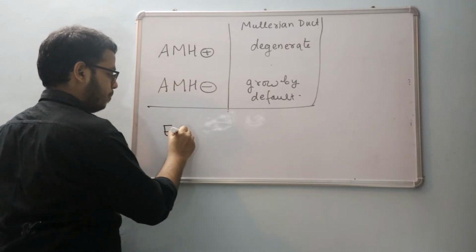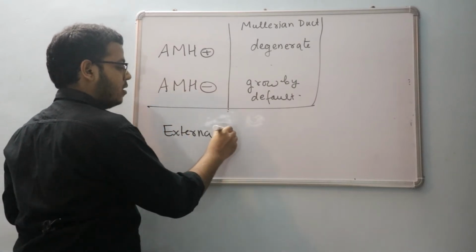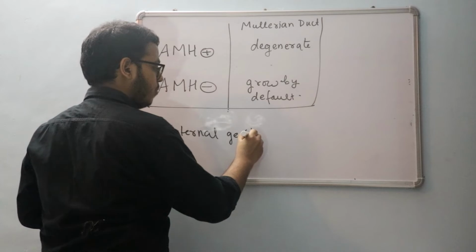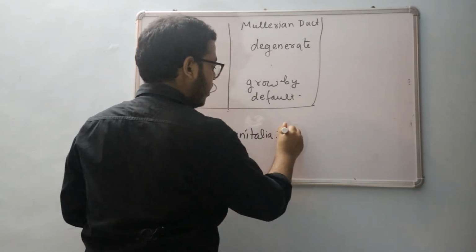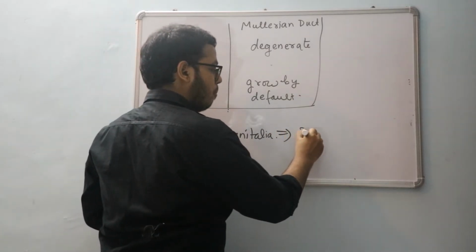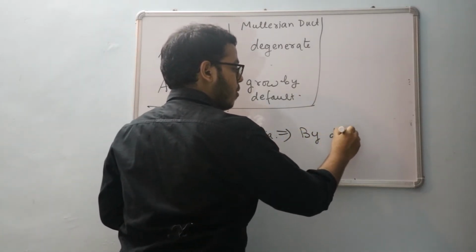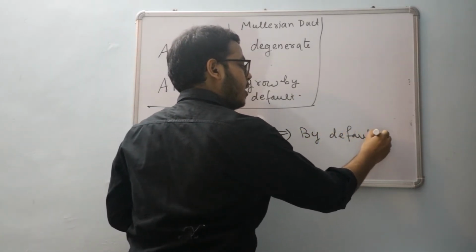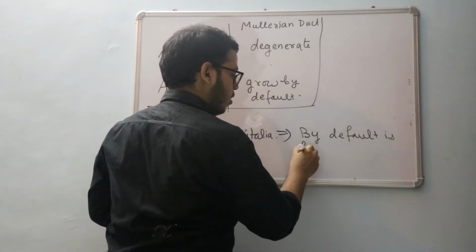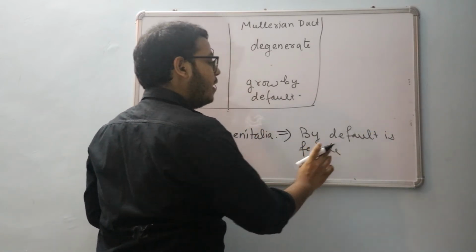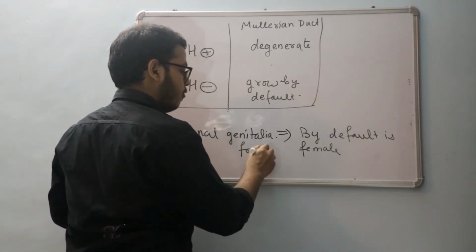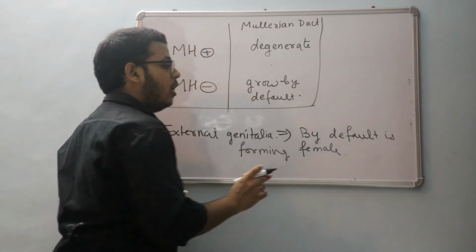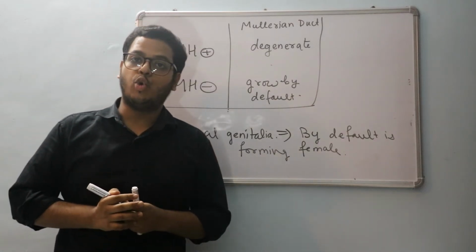Similarly, what happens to the external genitalia? Oh, sorry. So external genitalia by default is female. It will form female external genitalia only.